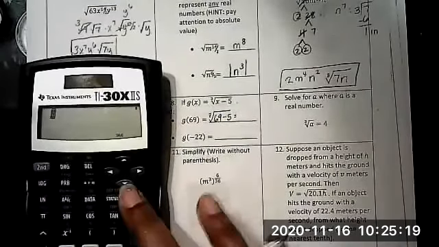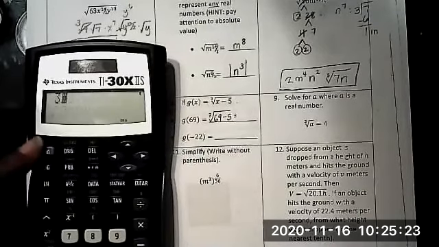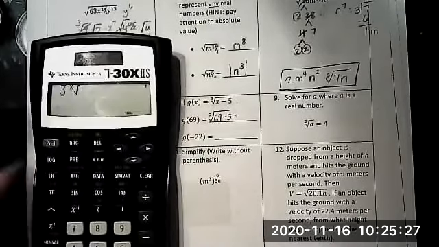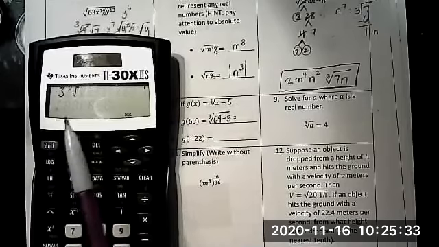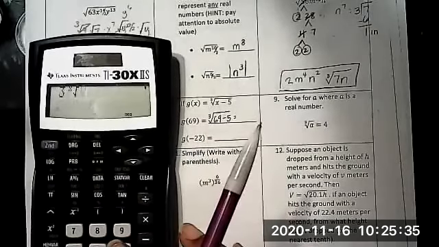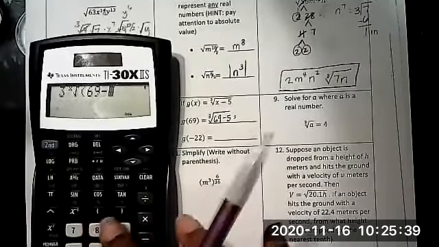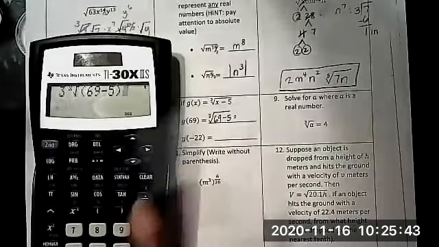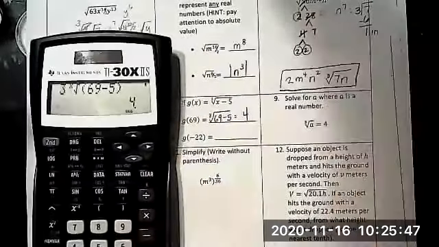So I push the number 3 first, and then I push second, and that caret button here, that's cube root. And that means cube root of 69. I put in parentheses 69 minus 5 in parentheses. That's how I put this into my calculator, and my answer is 4. So that is how you get that answer.